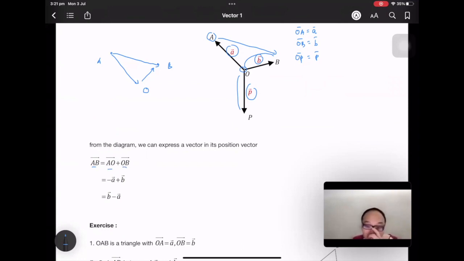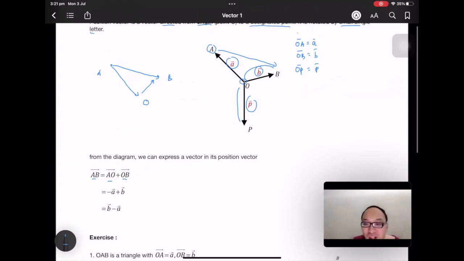What is AO? We know that OA is a, so AO is negative a. OB is b. So AB is equal to position vector b minus position vector a.